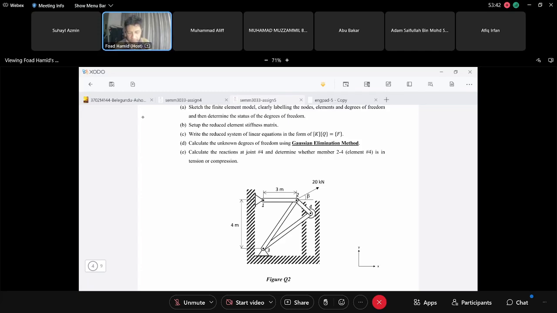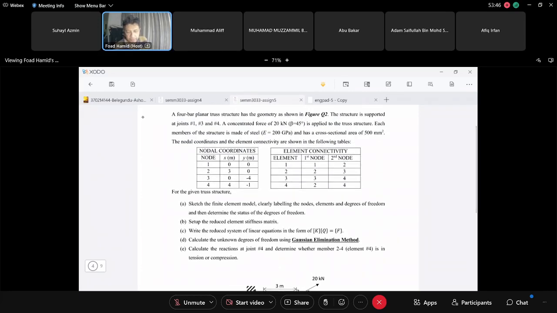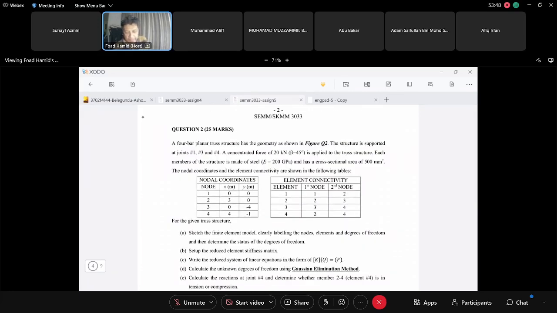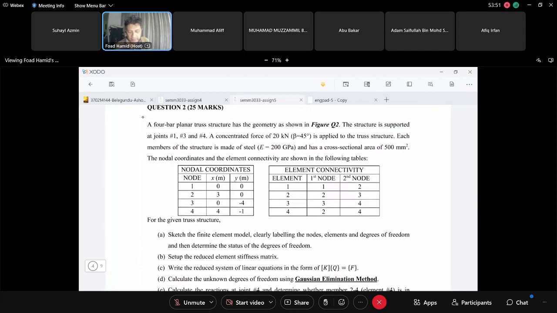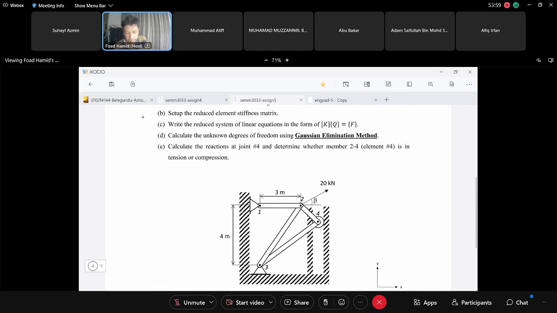Okay, so let's read the question. A 4-bar planar truss structure has the geometry shown in figure Q2. The structure is supported at joints 1, 3, and 4. Okay, 3 and 4. These are basically our boundary conditions.